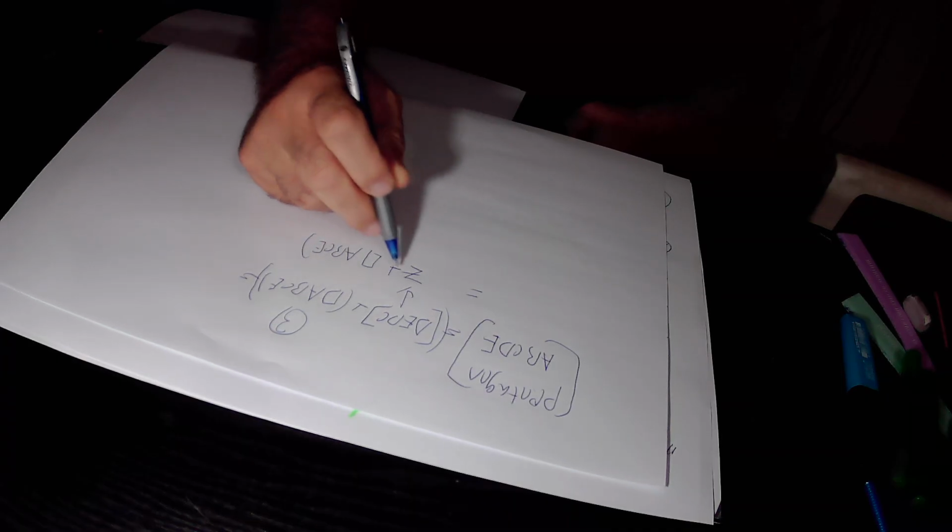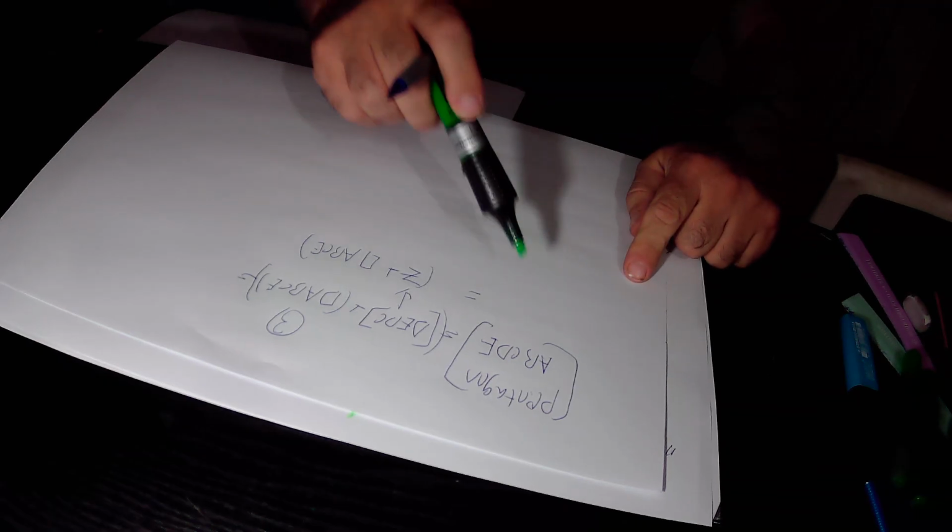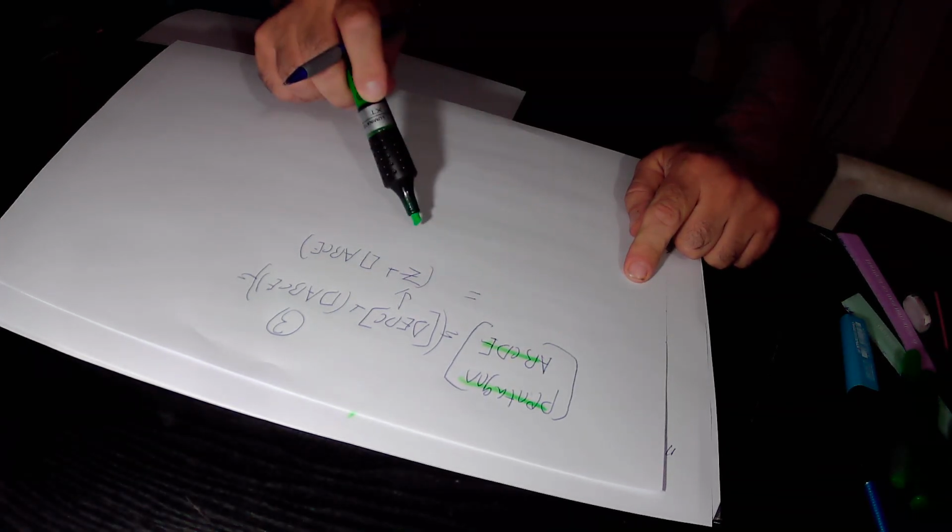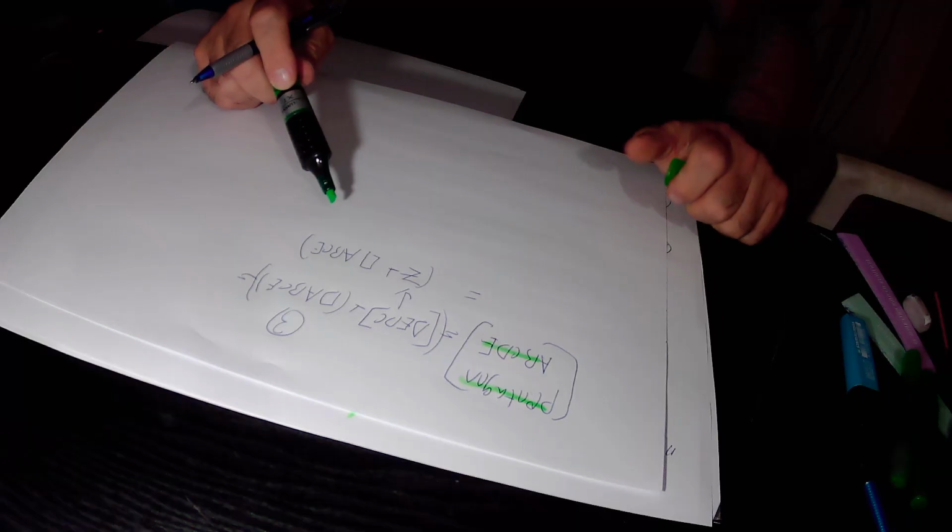So in total we found out that the area of the big pentagon is equal to Z plus the area of quadrilateral ABCE.